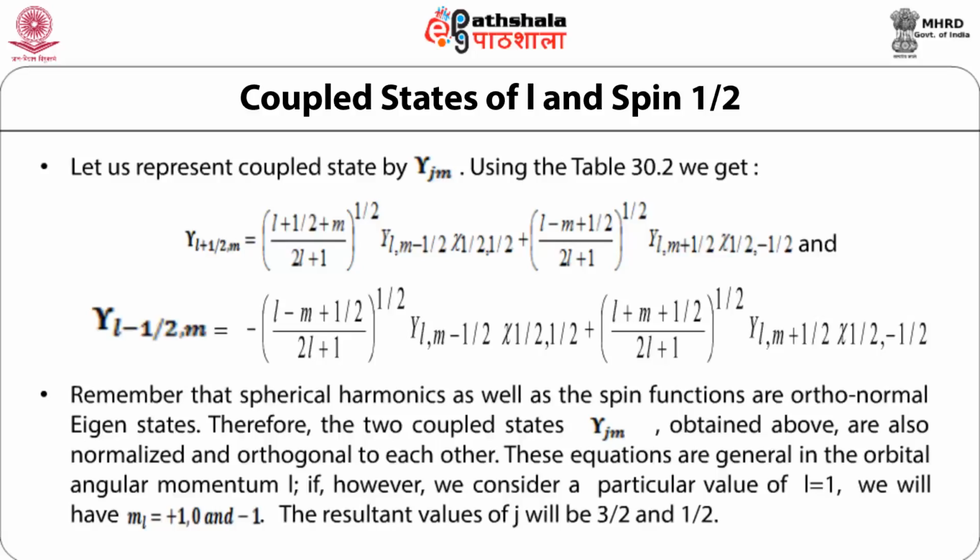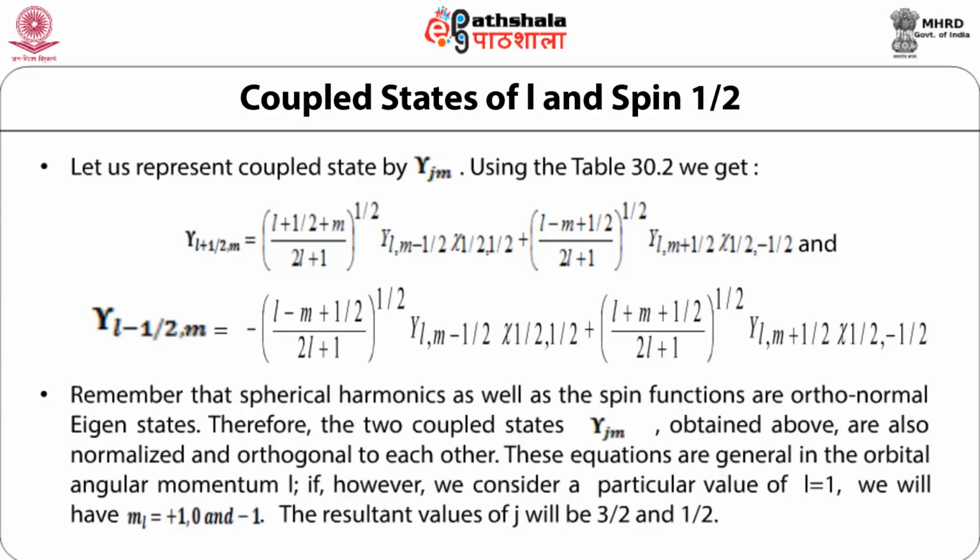Basically, what this means is that for each value of the orbital angular momentum L, the magnetic angular momentum term will have 2L plus 1 values corresponding to L, L minus 1 and so on to 0 to minus L plus 1 and minus L. So in this case, since L is equal to 1, the values for the magnetic orbital angular momentum would be m_l equal to plus 1, 0 and minus 1.